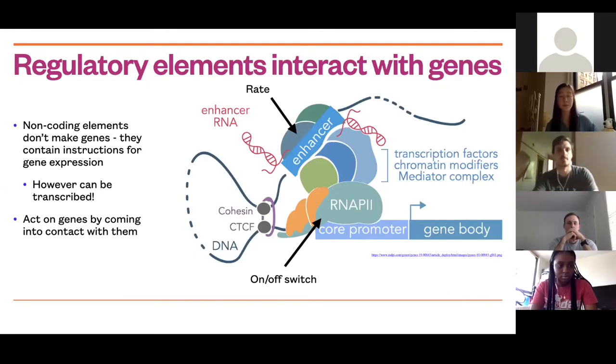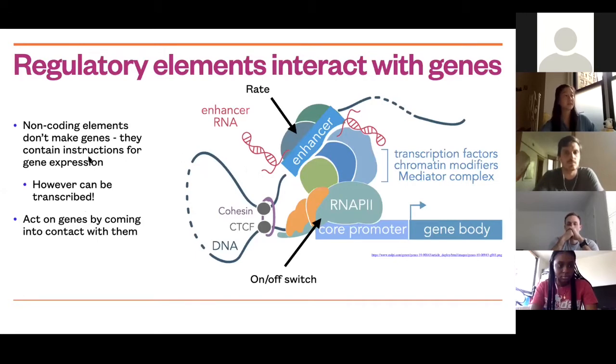But what they do code for is an instruction to whatever target they have as to whether to transcribe faster, transcribe slower, or not transcribe at all. And a very common set of these non-coding elements are known as enhancers.